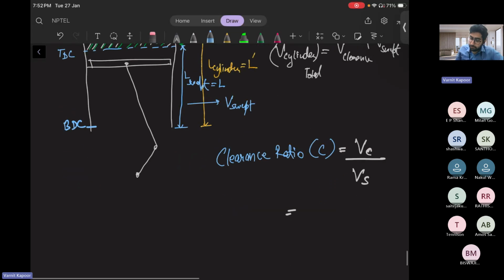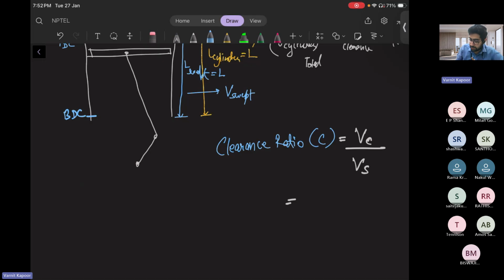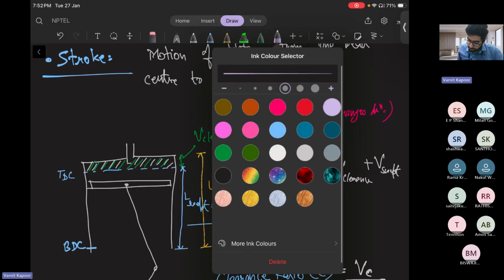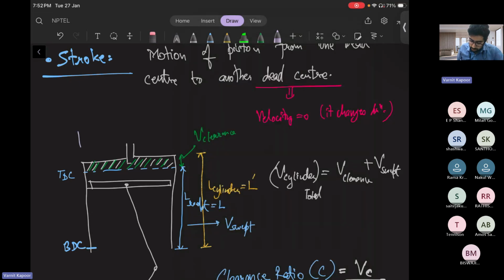So clearance volume will be from the cylinder formula. Volume of a cylinder is pi by 4 d square, where this is the diameter because it's a cylinder. We also call this the bore.